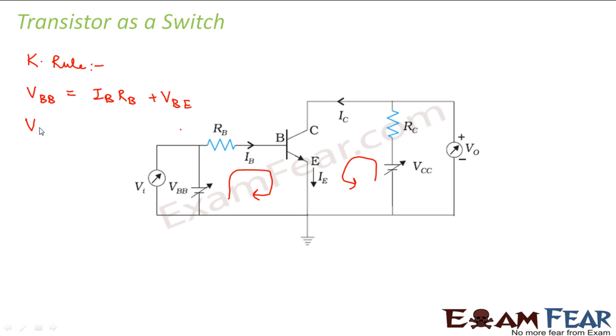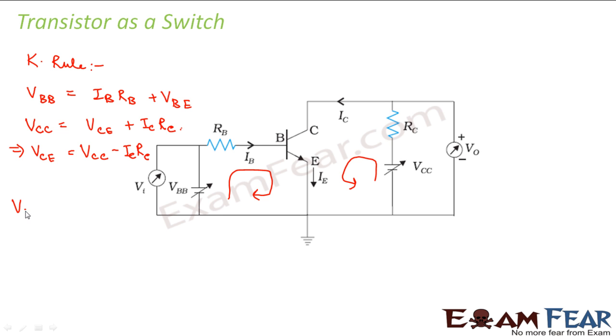Similarly, in the second loop, we get VCC is equal to VCE plus ICRC. Now let us suppose that VI is an input applied across VBB, and V0 is the output measured along this circuit. From this we can write VCE is equal to VCC minus ICRC.